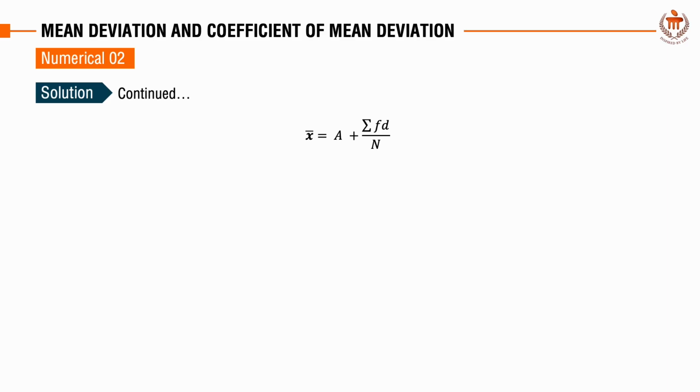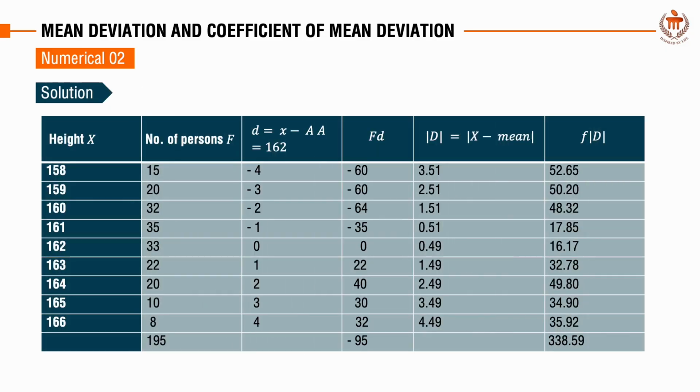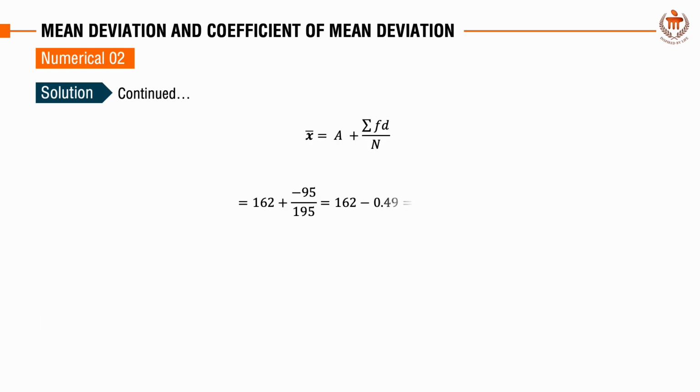For finding the mean, we use the step deviation formula: A, which is your assumed value, plus summation of FD by N. Here the summation of FD we got as -95, and we put that into this formula. N is the total set of data, and A is the assumed value we have assumed in this case.